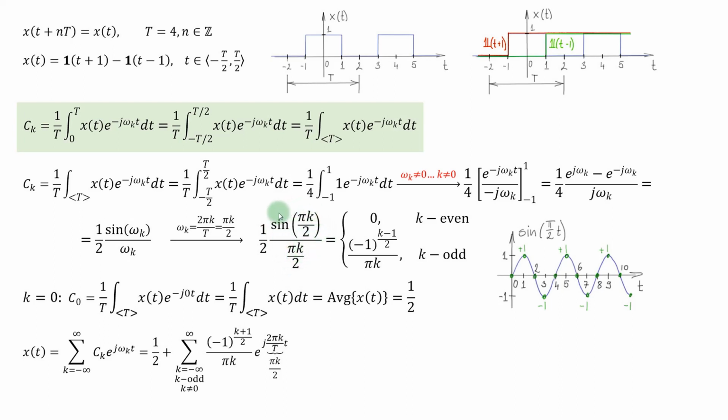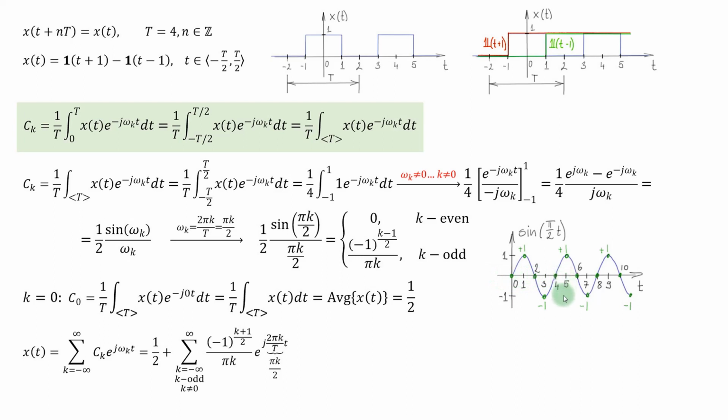Now, let's take a closer look at this sine. If I plot sine of pi over 2 times t, I will get this function. Now here I'm looking at that function when k is an integer, so I will be looking at this function at values like 0, 1, 2, 3, 4, 5 and so on.